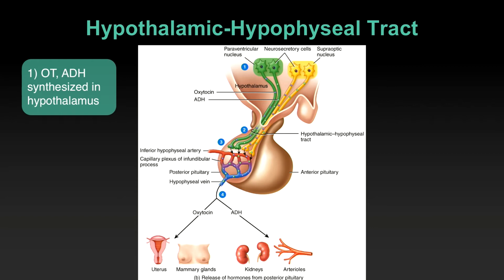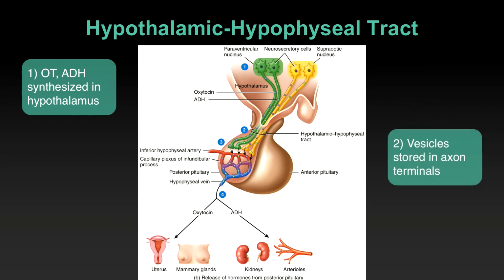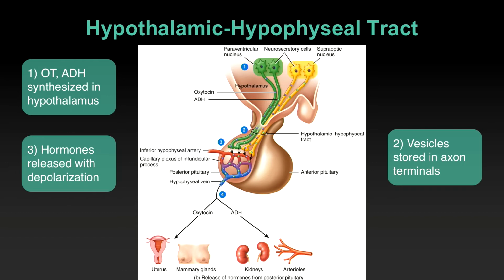So oxytocin and ADH, antidiuretic hormone, are contained within the ends of those nerves. Those vesicles at the end store the hormone and are responsive to depolarization. When those neurons depolarize, the hormones are released.